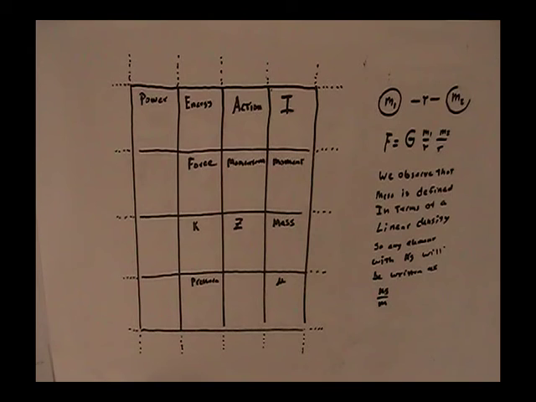Energy will be in terms of kilograms per meter, meters over seconds squared, meters to the 1. Action. Oh, we haven't put that in yet. Okay, we'll get to it. Force is kilograms per meter, meters over seconds squared, meters to the 0.